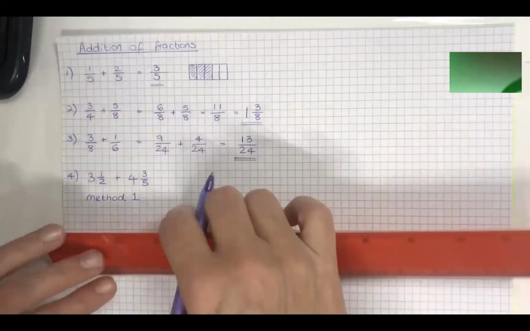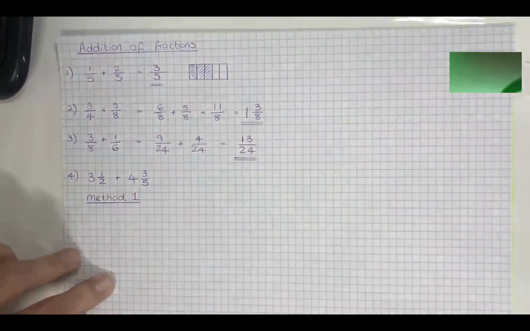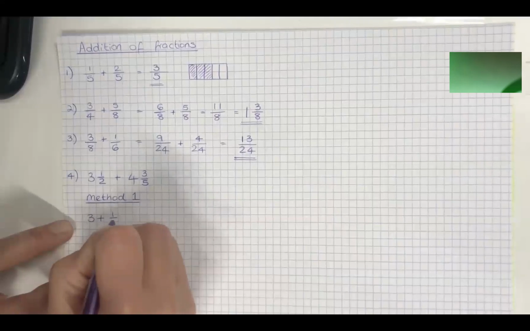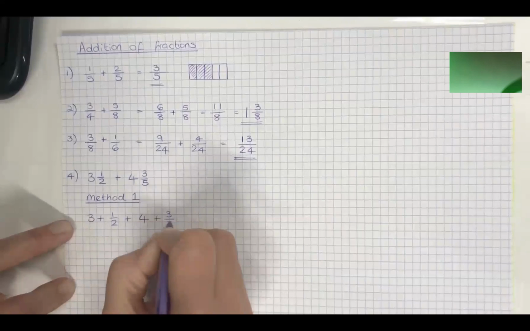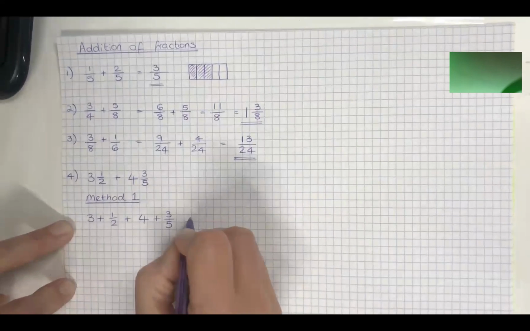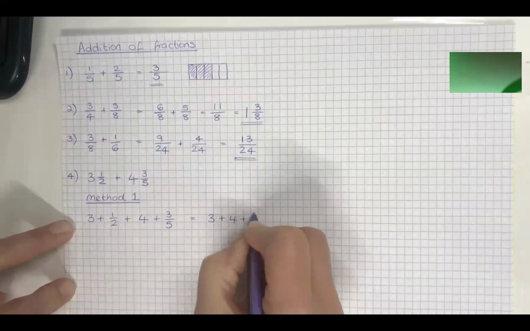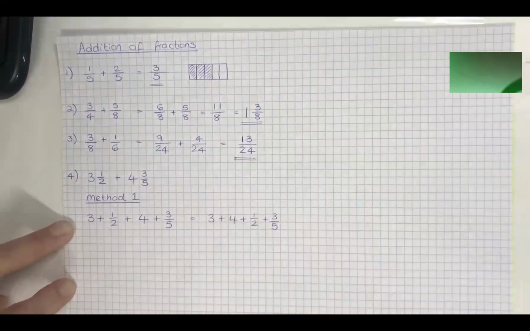This doesn't always work for subtraction. So method 1 is I'm just going to rewrite this as 3 plus 1/2 plus 4 plus 3/5. Okay, I know that addition is commutative, so I can change the order. So I can write this as 3 plus 4 plus 1/2 plus 3/5.